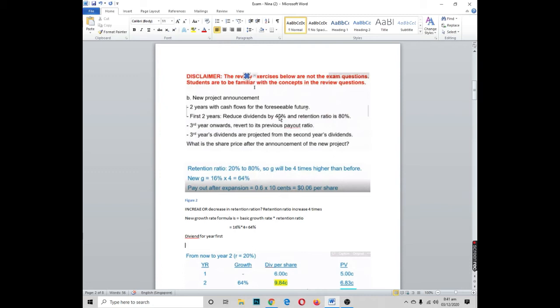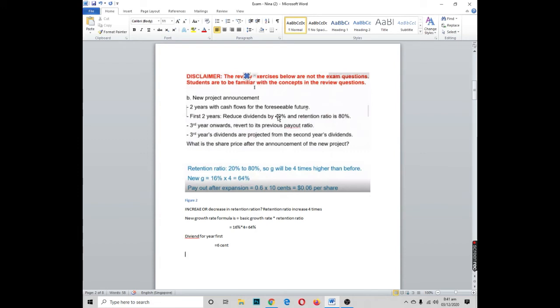So here we write 0.06 dividend. Dividend for year first is 6 cents.